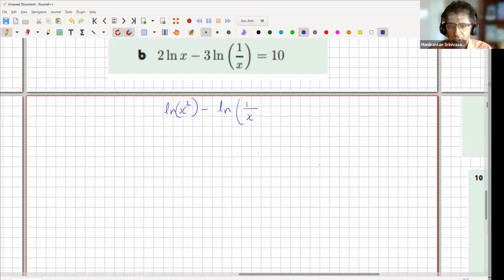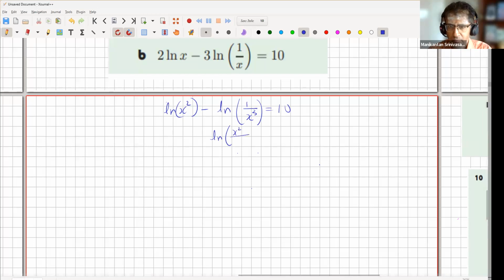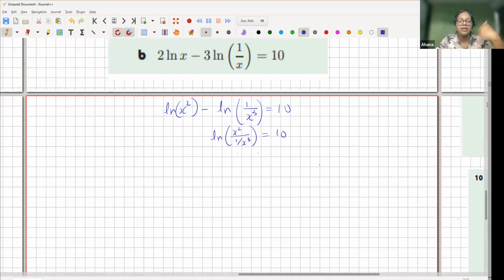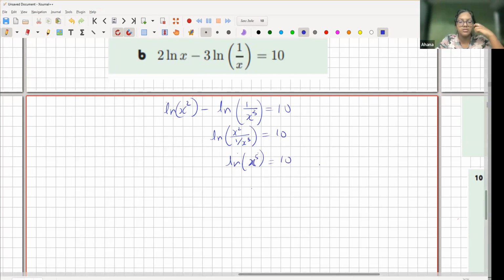Yeah, and then you take it up, so minus 3. And then you can use the formula for dividing it. So ln x square upon x to the power minus 3. Yeah. And then once you multiply it, it'll become x to the power 5. So ln x to the power 5 equal to 10.